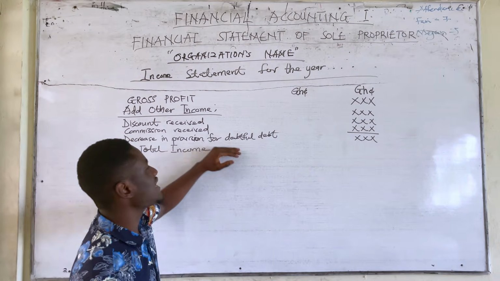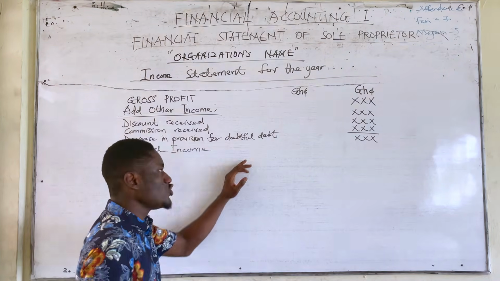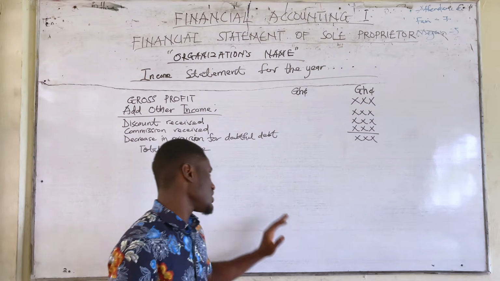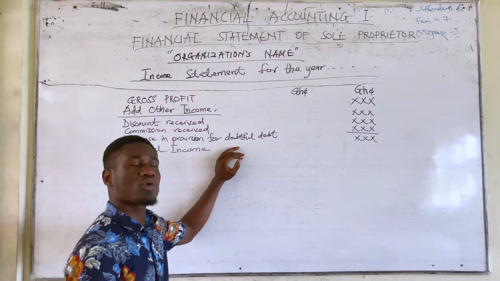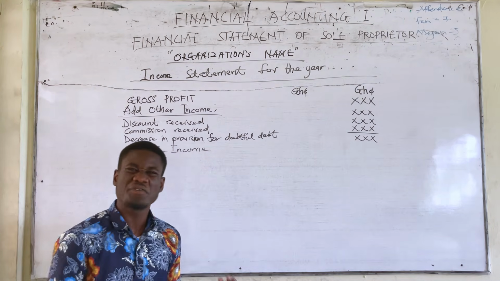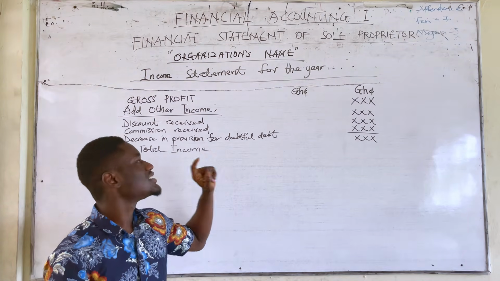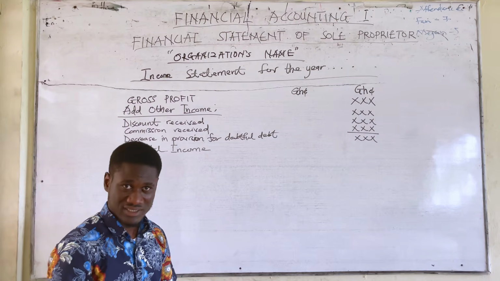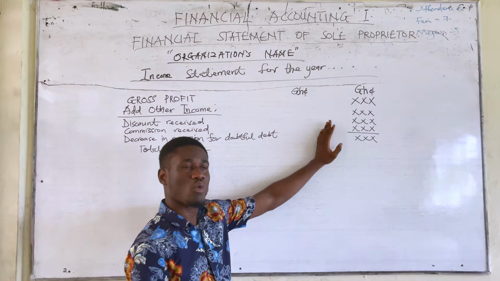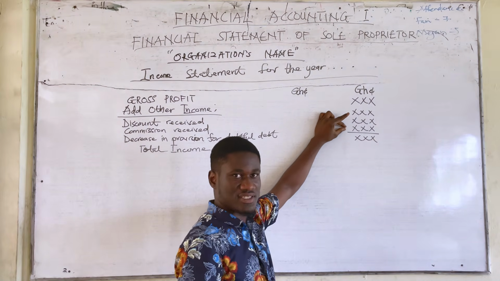You get it? When they give you that statement, and after calculating your new provision, that figure in the trial balance is your previous provision. Now they are going to require you to calculate a new provision. If you calculate a new provision for doubtful debt and you see that your new provision is less than the one in the trial balance, then you have to bring that difference here.